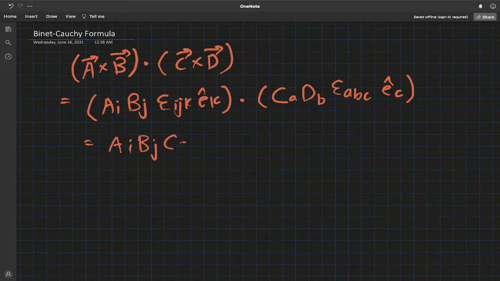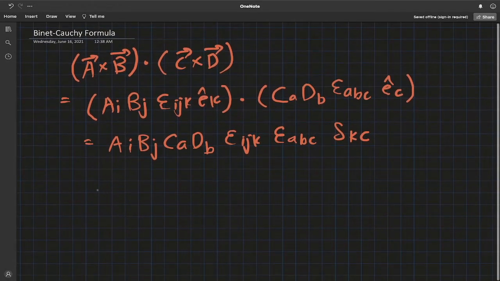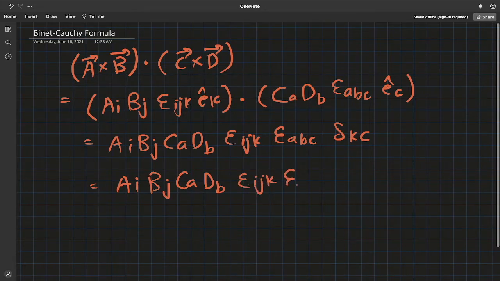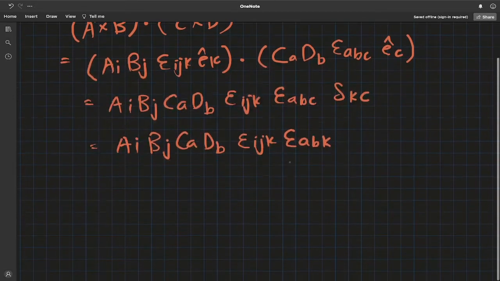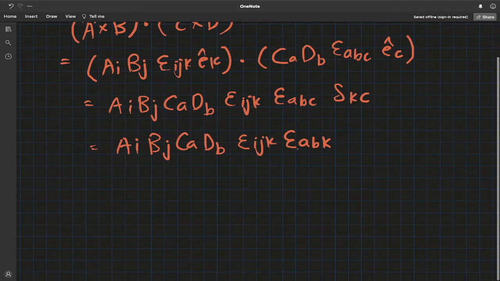Just pull out all the scalars first. And the Levi-Civitas as well. We get a Kronecker delta kc. So I decide to contract over the indices. So I'm changing the c to a k. And lo and behold, we can use the Levi-Civita identity because both these Levi-Civitas have the same last index.